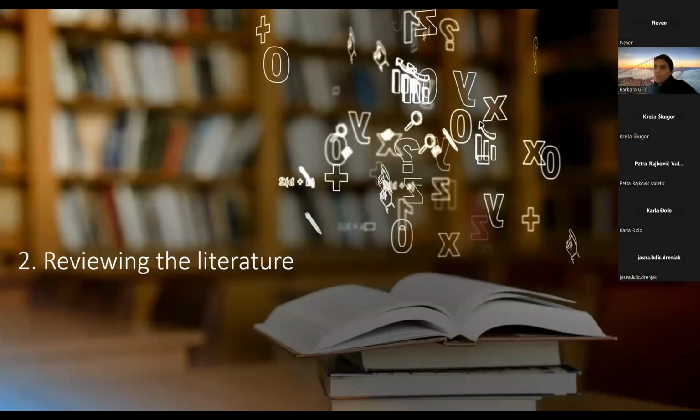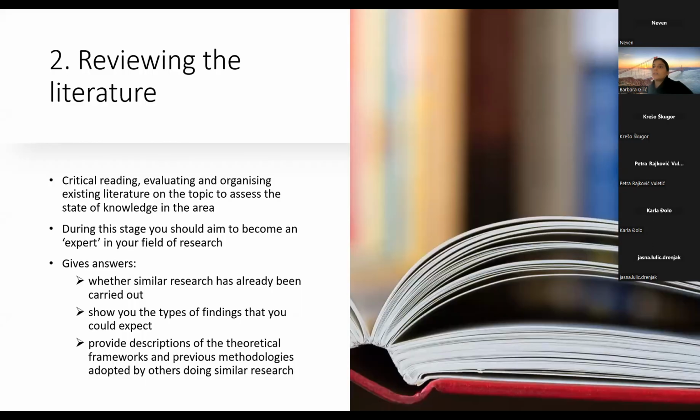When you select the topic, you have to review the literature on your topic. This is important because during this stage, you should aim to become an expert in your field of research, and reviewing the literature has to give you an answer whether similar research has already been done, show you the types of findings you can expect from your research, because some other researchers have done similar research, and you know which direction your research should follow.